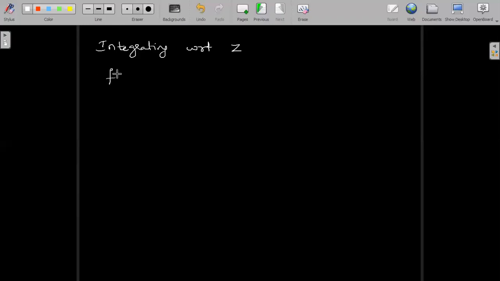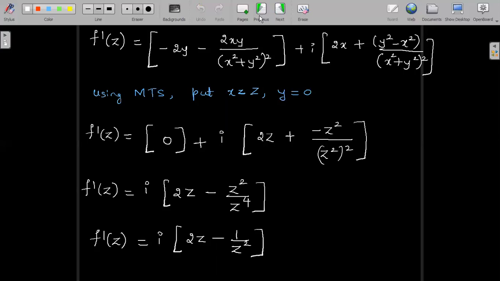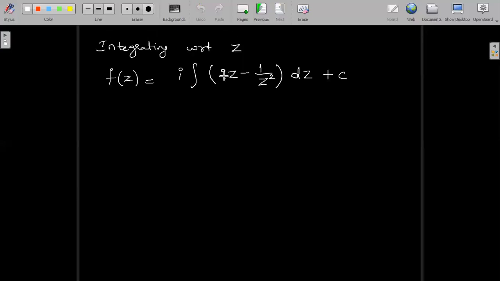So we have f of z: the integration of f dash of z is f of z. i is a constant, so the integration of 2z minus 1 by z square into dz plus the constant of integration c. 2z minus 1 by z square is the expression we obtain now. So we integrate it.